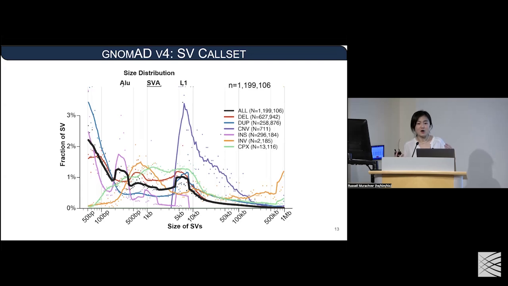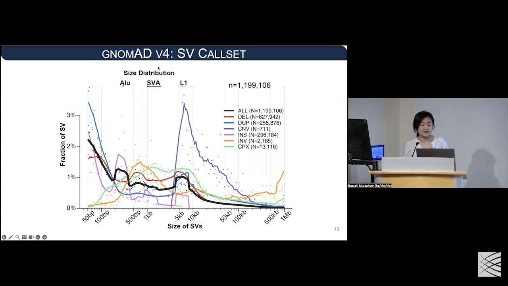And this is how, in general, the size of structural variation is distributed. In general, the size of structural variation is inversely correlated with its frequency. So bigger SVs are less frequent, of course, because bigger SVs are more likely to cause deleterious consequences. They may require more energy to form, so they're less observed.